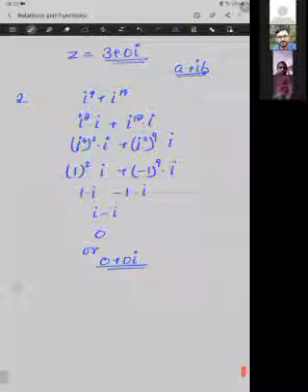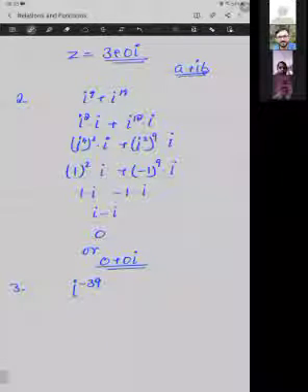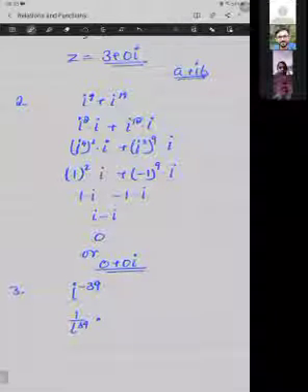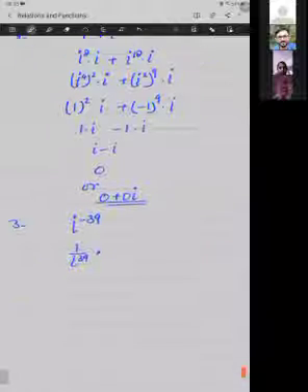Third, if the question comes i to the power minus 39, then it could be written as 1 upon i to the power 39. If it is i to power 40, a multiple of 4, that will be much better. So I'm multiplying and dividing by i.